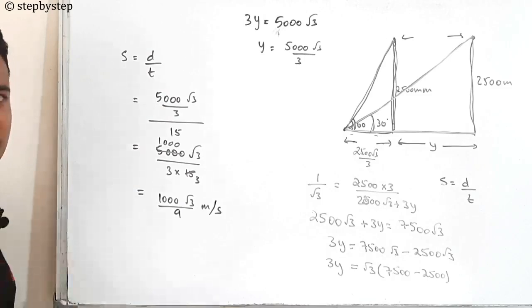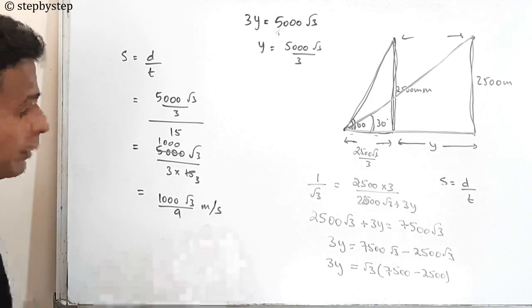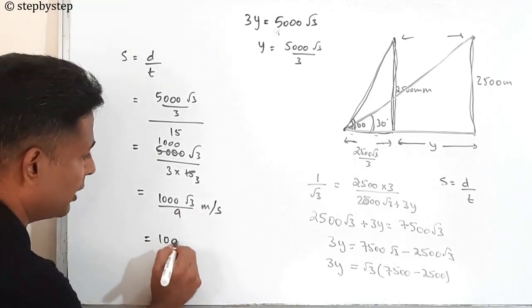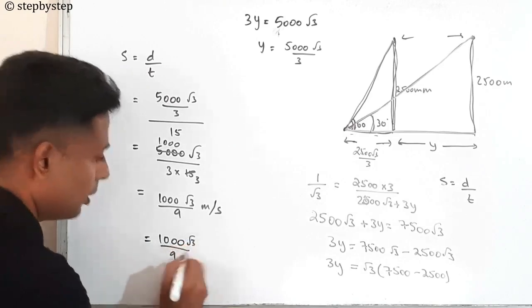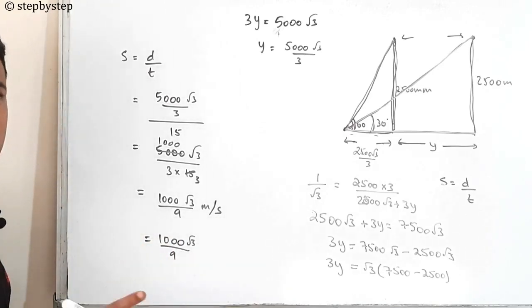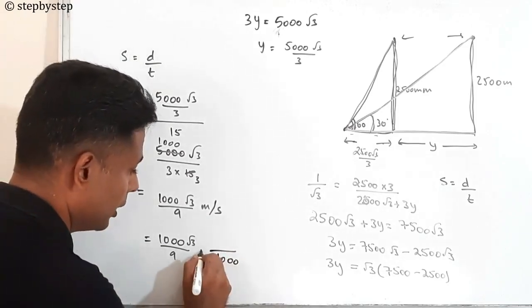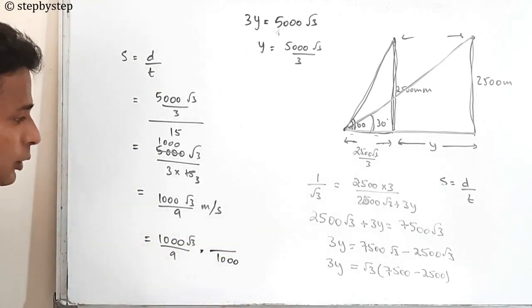This is in meter per second, but what have they asked us to find? In kilometer per hour. So how do we convert meter per second to kilometer per hour? How do we convert meter to kilometer? By dividing by 1000. So 1000 will come down. And how do we convert seconds to hours?